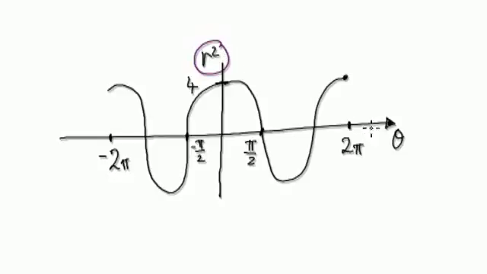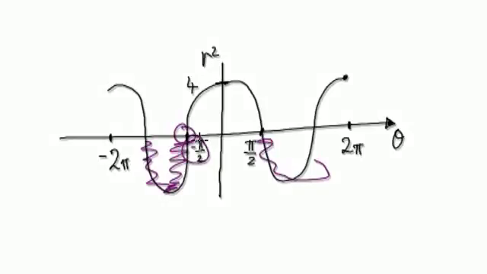So your r squared will look like this, but ignore these here. Okay, so let's just work from negative pi over 2 to positive pi over 2.